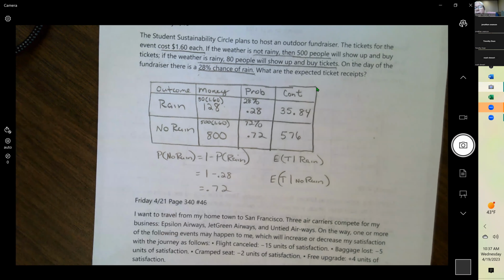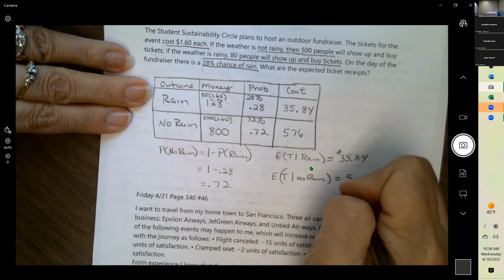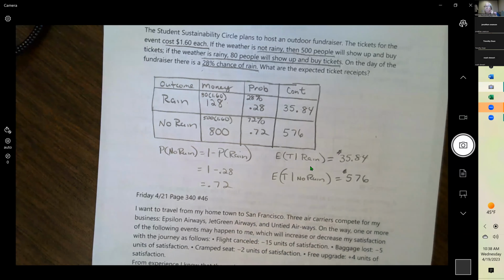And I probably should have put on this one the expected value given it rains and it doesn't rain. Remember that line means given. So the expected ticket sales given rain is the 35.84, because that's the rain. The expected ticket sales if there's no rain, 576. But you could add them.